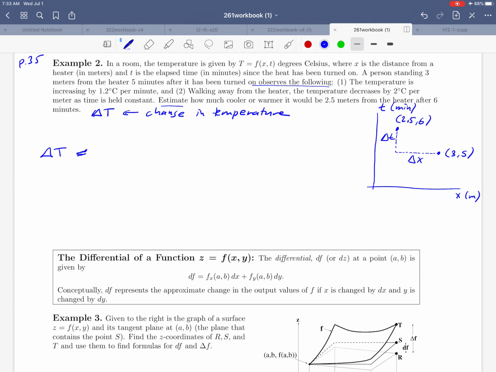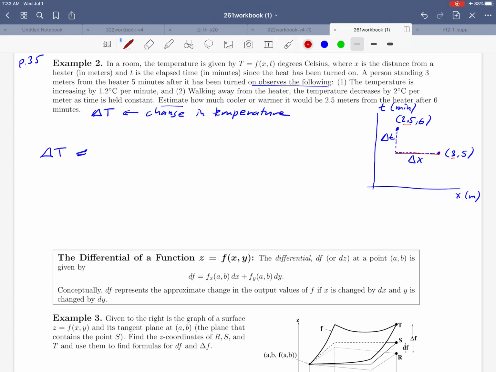All right, so let's first talk about the first part of our path, moving along this delta x portion of the path. How much would the temperature change if we move from a distance of 3 meters from the heater to a distance of 2.5 meters from the heater? Well, to answer that question, we need some information about how fast the temperature is changing as we move closer to the heater.